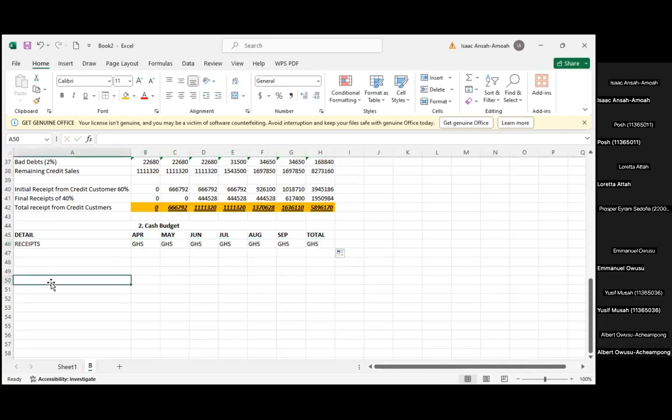Receipt and payment. So these are the key composition of my cash budget. Then, because I'm doing a segregation of the two customers, I'm looking at my cash customers first.